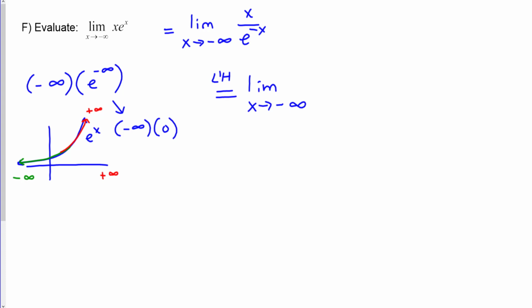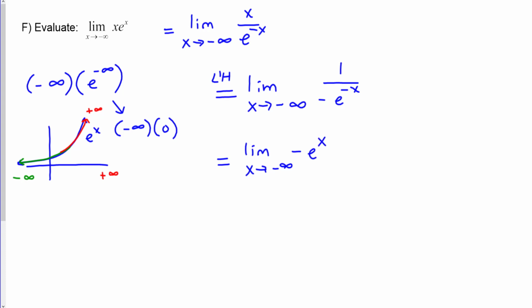So let's see. We need to take the derivative of the numerator, which would be 1, put that over the derivative of the denominator, which would be negative e to the negative x. Now, if I change this around, make this the limit as x goes to negative infinity of negative e to the positive x.